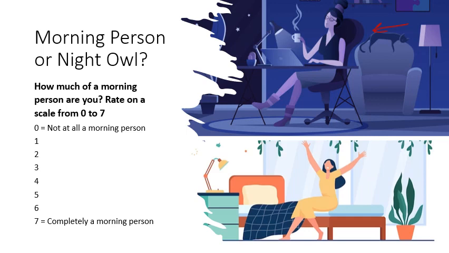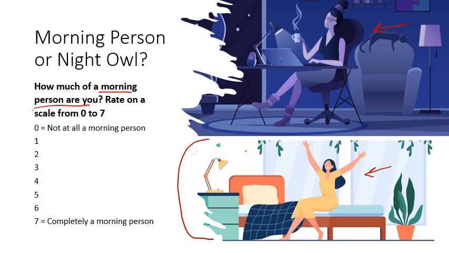She feels good, alert, engaged at night, as opposed to this woman in the second picture who tends to feel really good, engaged, alert first thing in the morning when she just wakes up. So which one of these is more like you? And to be specific, this question asks, how much of a morning person are you? So we're looking at how much you are like this woman on the bottom.